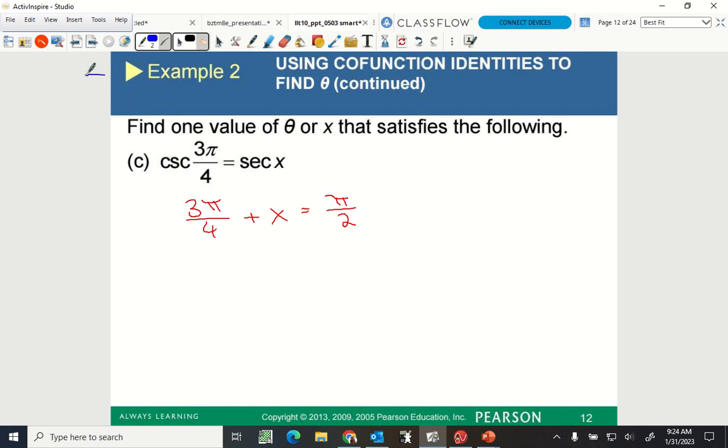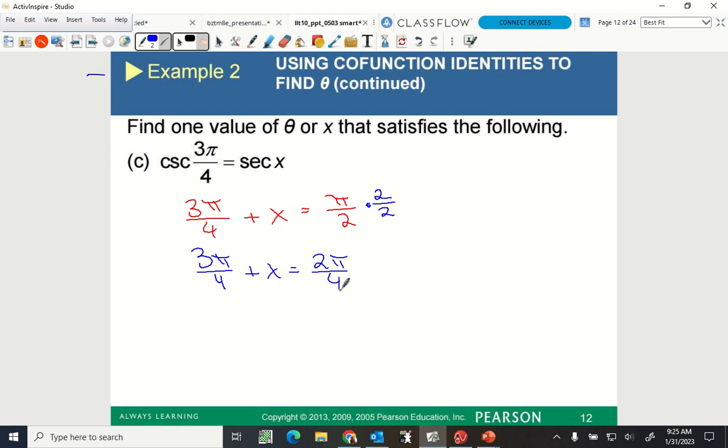So, I'm going to multiply this one here by 2 over 2. So now it's going to be 3 pi over 4 plus x equals 2 pi over 4. So now the common denominator is 4.